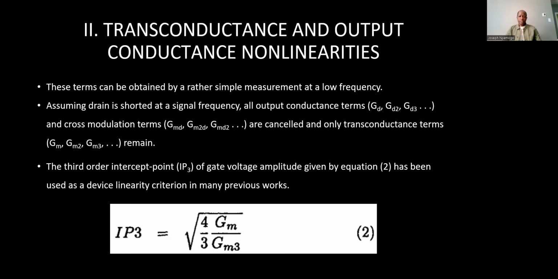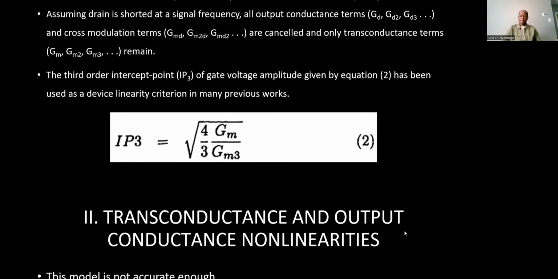Assuming the drain is shorted at signal frequency, all output conductances GD, GD2, GD3, and cross-modulation terms GMD, GM2D, GMD2 are cancelled, and only transconductance terms GM, GM2, GM3 remain. Third order intercept point IP3 of gate voltage amplitude, given by equation 2, has been used as a device nonlinearity criterion in many works.